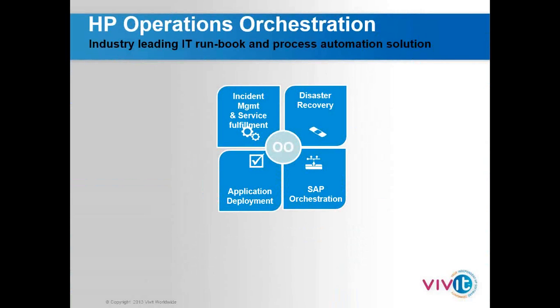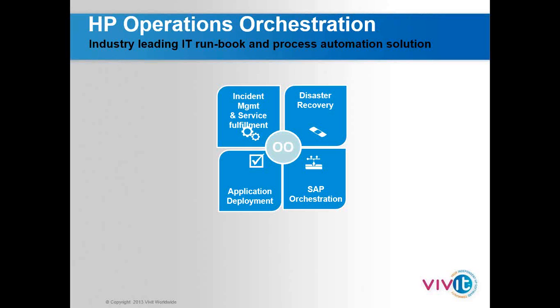Let me quickly relate back and refer to the advantages or the value which HP's operations orchestration could result in if adopted well within your organizations as well. It is referred to in these 4 quadrants.